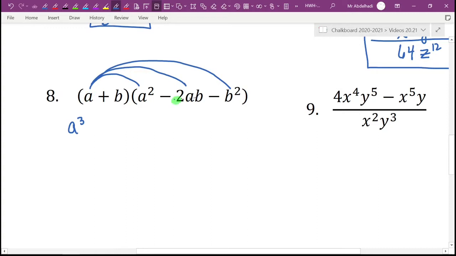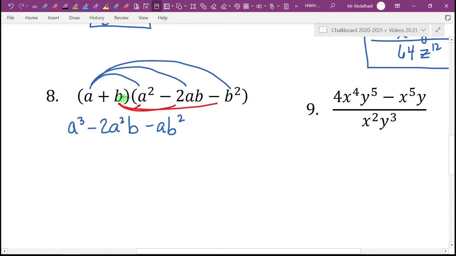A times this thing here, negative 2a squared b, because this a multiplies with this a, and that becomes an a squared, but the rest of it stays as what it is. And then finally, a times negative b squared is negative ab squared. Now we have to distribute the b, all this stuff here.